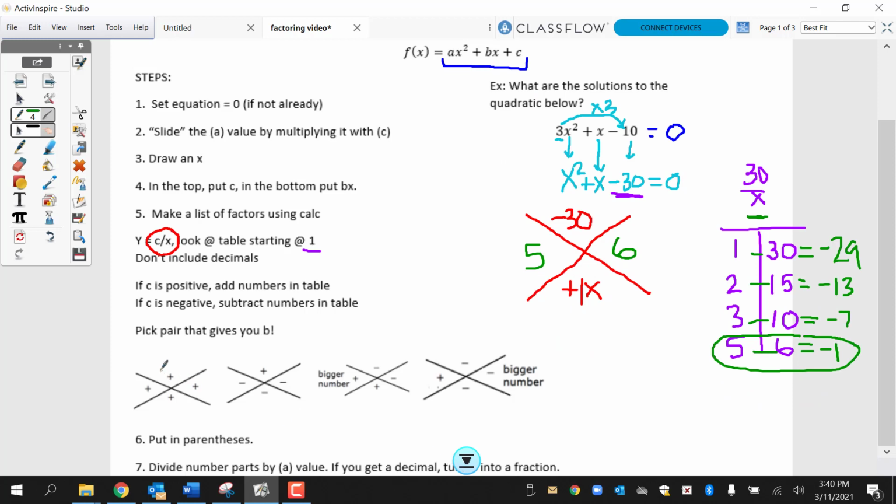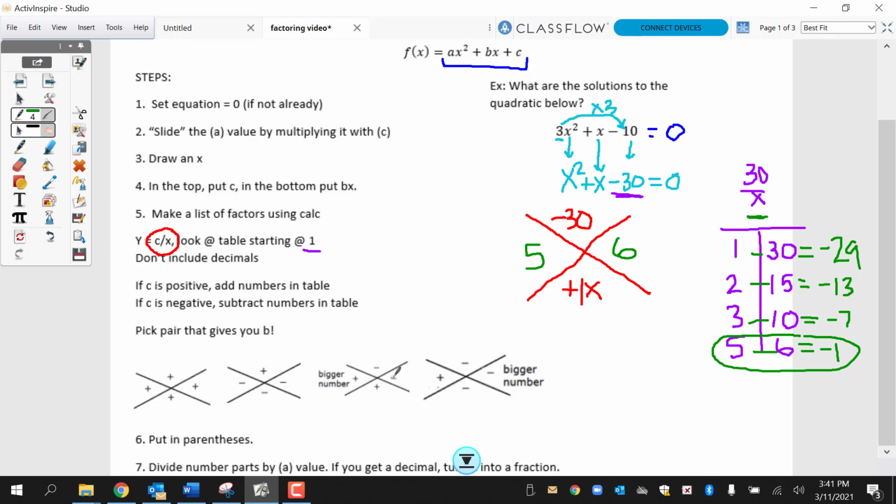Well, I'm looking at this little cheat sheet. Depending on what the signs of C and B are, it's going to tell me what the signs of 5 and 6 are supposed to be. So my top number is negative. So that means I'm not looking here because that's positive, positive. So it's one of these. The top number is negative. My bottom number is positive.